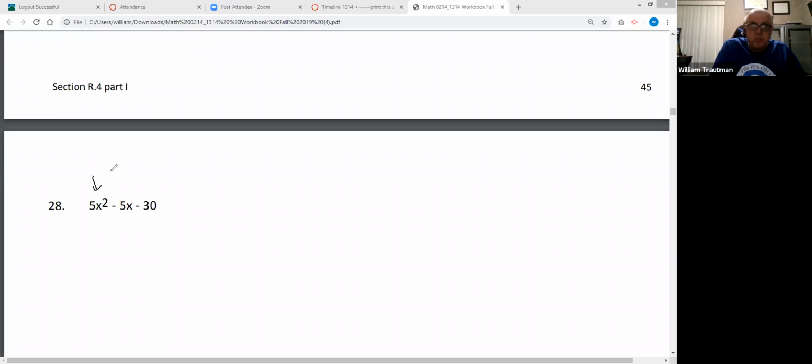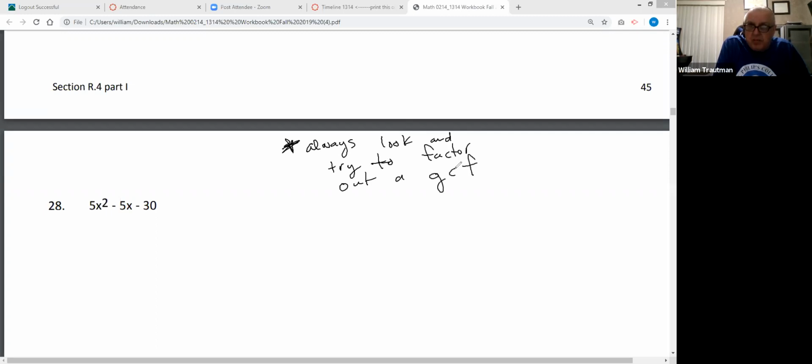However, put a little star by all your factoring. Always look and try to factor out a GCF, greatest common factor.